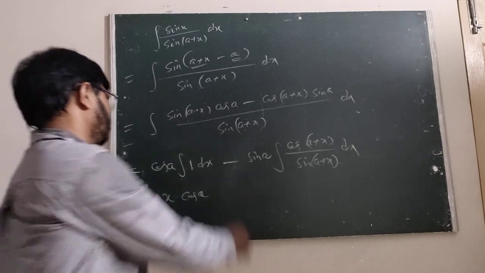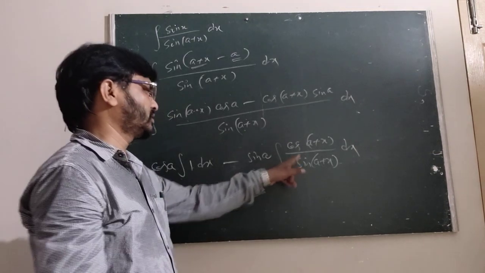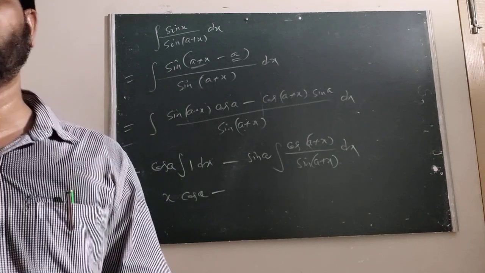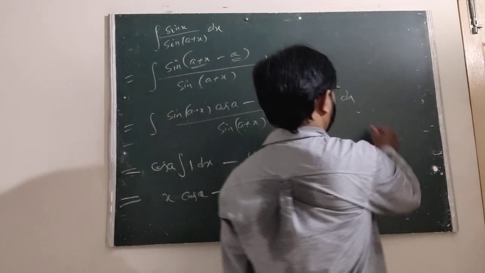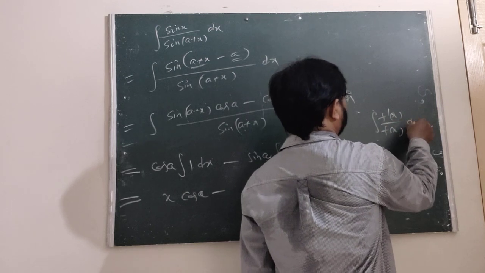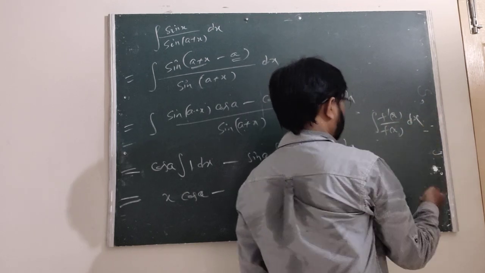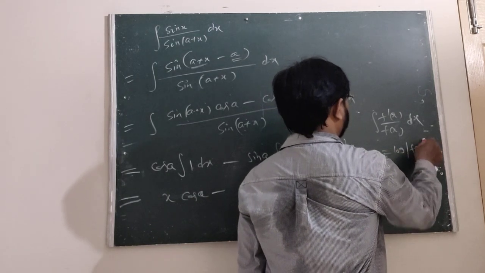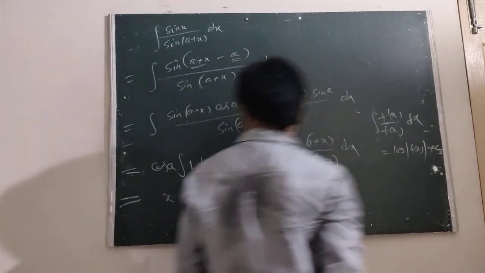Now we know that the integral of f dash of x upon f of x into dx is log mod of f of x plus c. Is it clear?